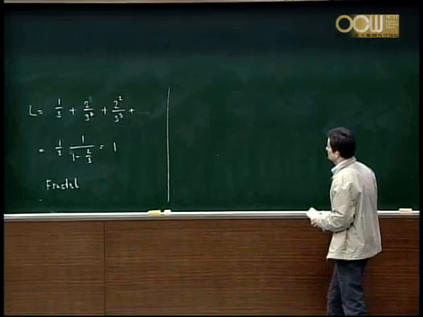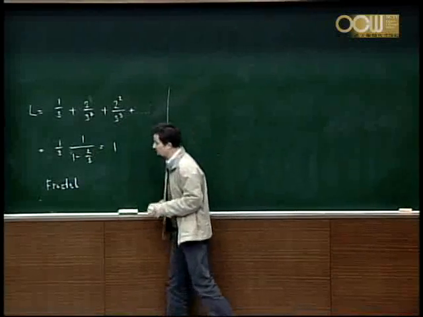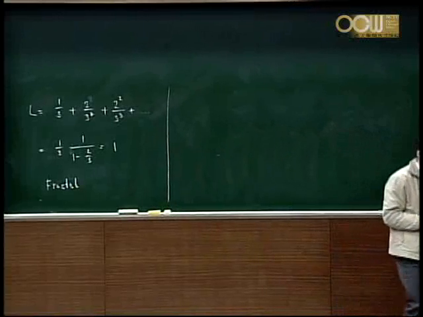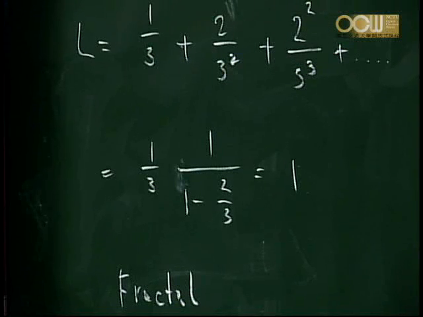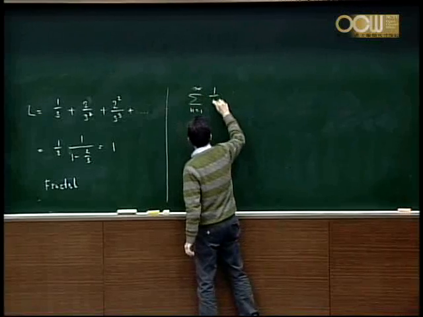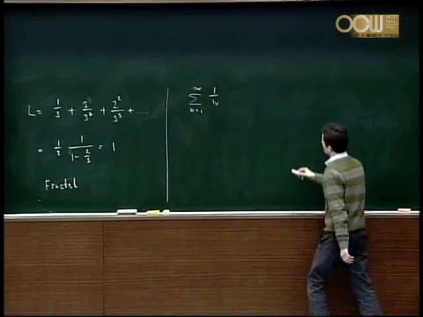Okay, so this was one example of where the geometric series naturally arises. Last time we also looked at other examples of convergent and divergent series. Another important example was this one, the so-called harmonic series.